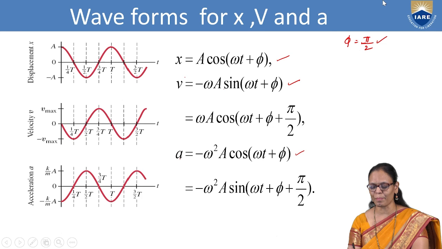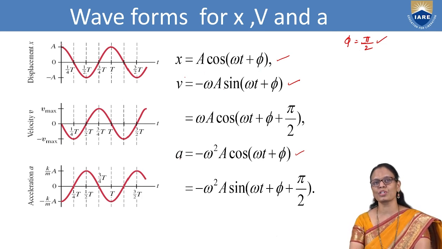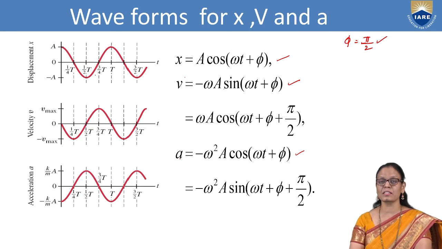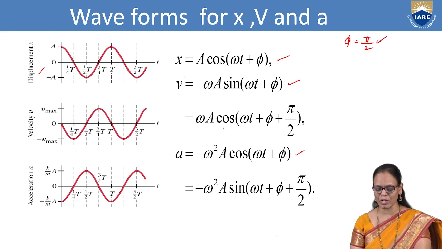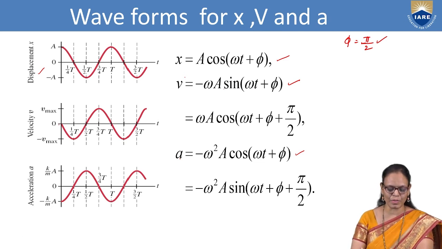When we are talking about cos omega t plus phi, it is starting from the extreme position. When we talk in terms of sin omega t plus phi, it will start from the mean position. Now we have already traced this curve for the displacement. So if this is the displacement, this will be the velocity, because v is given by minus omega a sin omega t plus phi. So at t is equal to 0, sin 0 is 0, so the velocity will be 0.